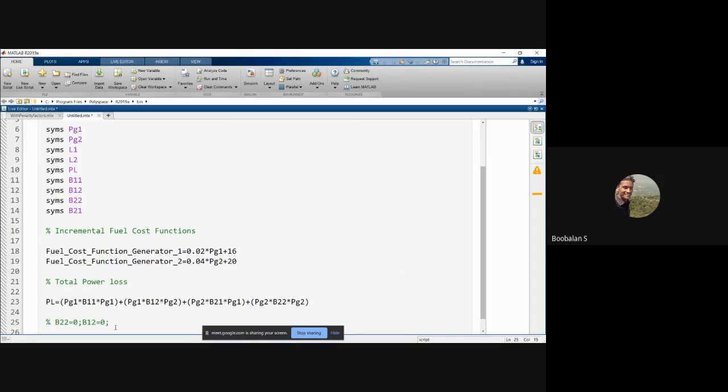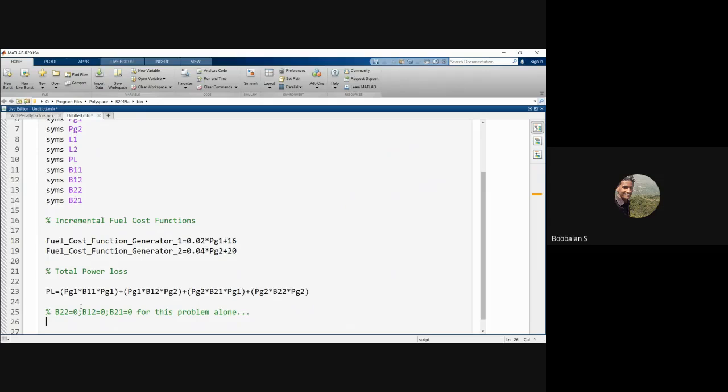Now I'm just going to use this command for this problem alone. It may be different for a different problem, right? That's why. Now I need to put these values into this equation. Then only will this entire expression be invoked. That's why I'm going to reinitialize these values.